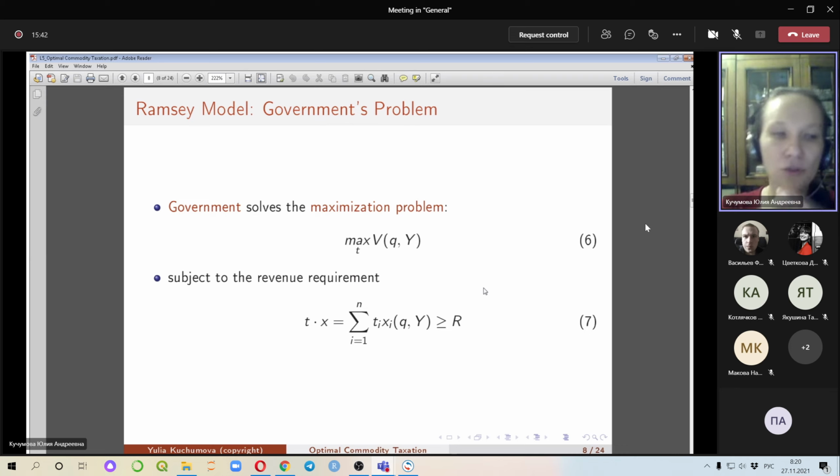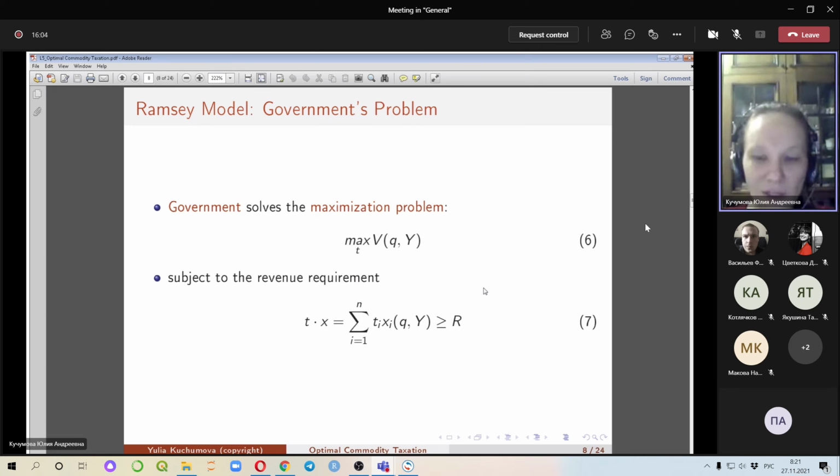So they need to spend money on public goods, on health, on education. They calculated the amount of spending, they understand that they need to collect that amount of revenue, and they are now just calculating this revenue from taxes.